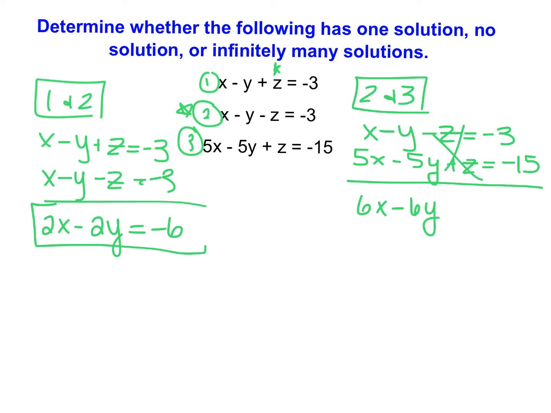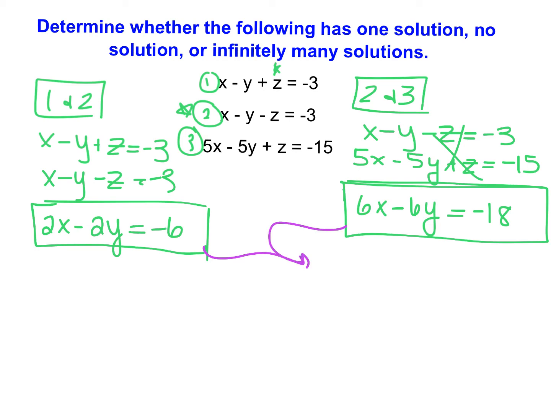The z's cancel, and it equals negative 18. So I now have two equations with two variables, so I can combine those together: 2x minus 2y is equal to negative 6, and 6x minus 6y is equal to negative 18.